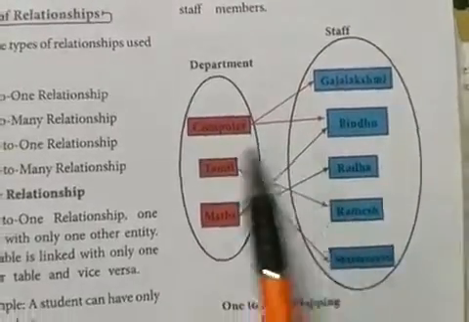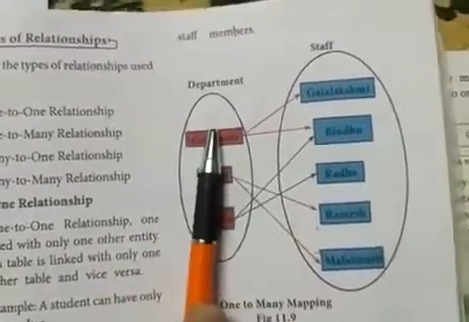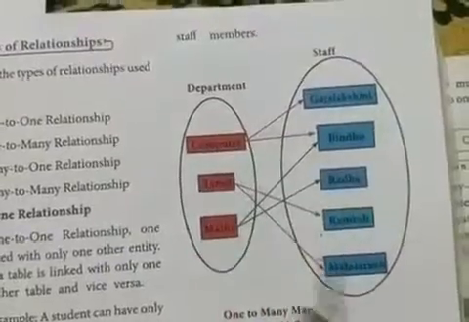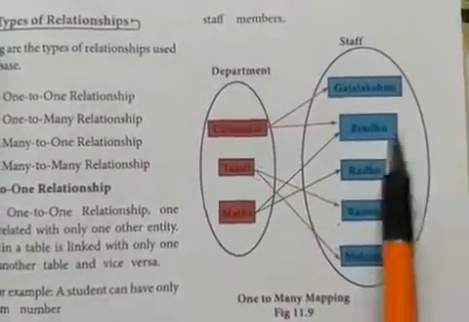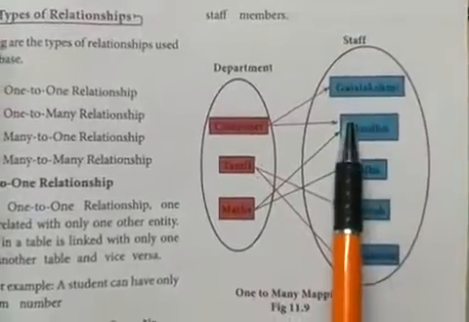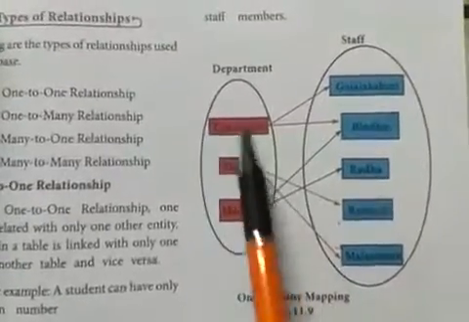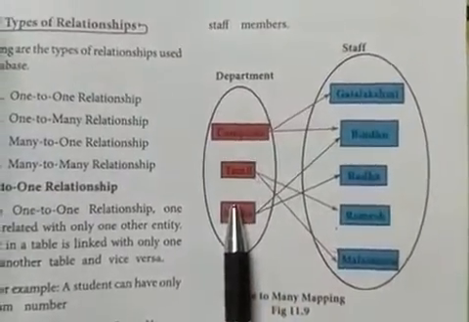So table A's row may be connected with multiple rows of table B, but the entity in table B must not be connected with more than one entity in table A.